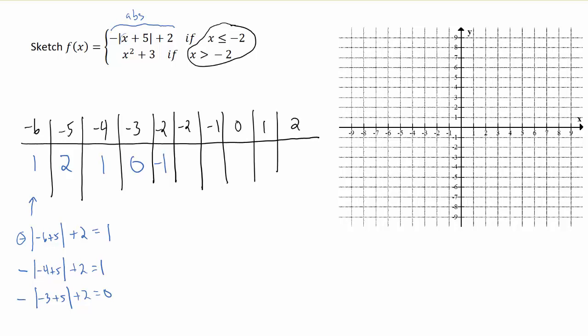All right, now switching color. All right, again, I've got this x squared plus 3. That's again a quadratic. All right, so -2, I would have -2 squared plus 3. That's 4 plus 3 is 7.